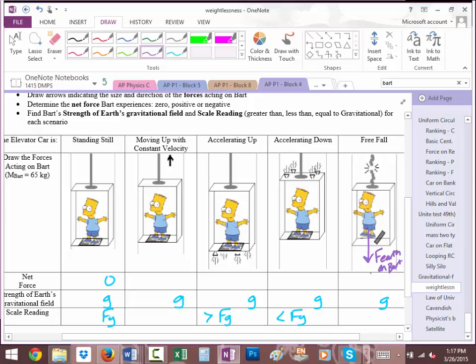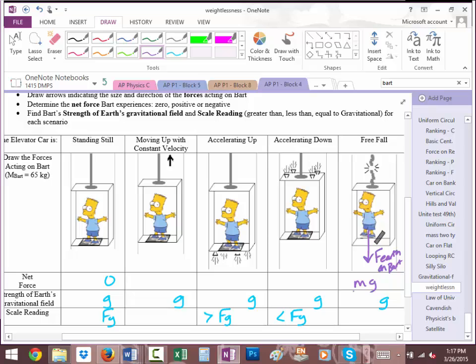Is it 0? No, it's his acceleration times his mass, right? It's mg. The strength of the gravitational field, has it changed? No. Now, if he's falling and the glass elevator is falling and the scale is falling, all falling at the same rate, that rate being what?